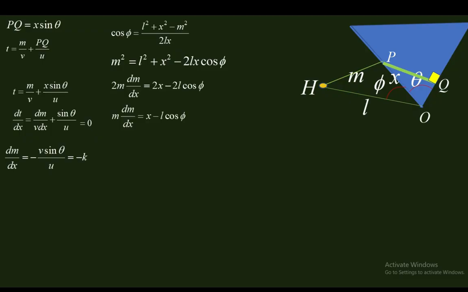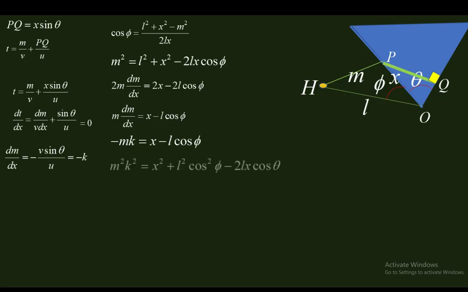Just to cancel the 2 from the equation, we have these two equations. Now just put the value of dm by dx as minus k in this equation. The equation turns into this form, and squaring both sides leads to this equation.